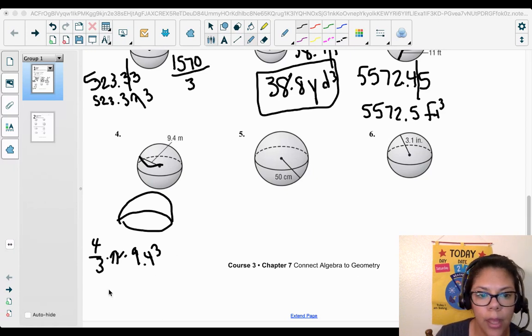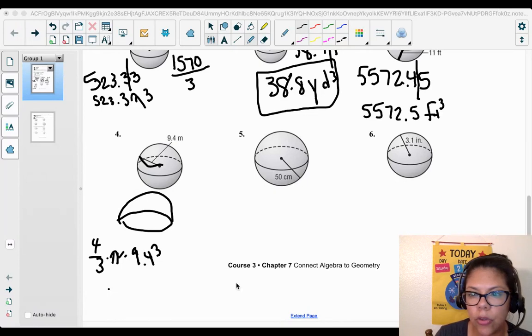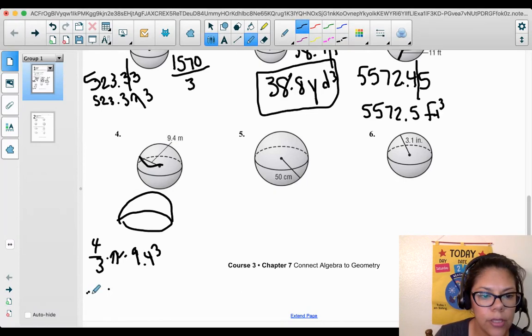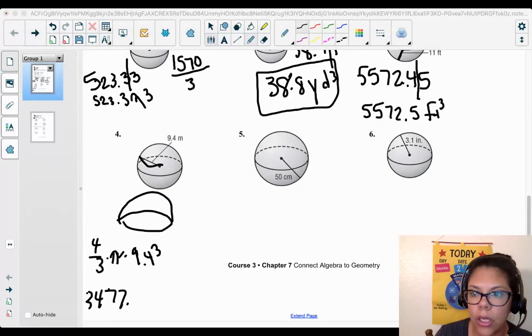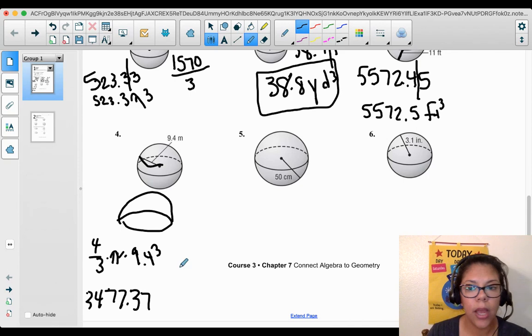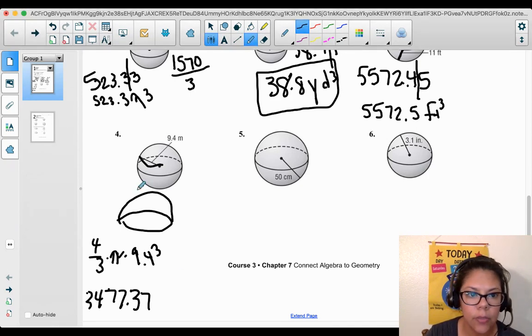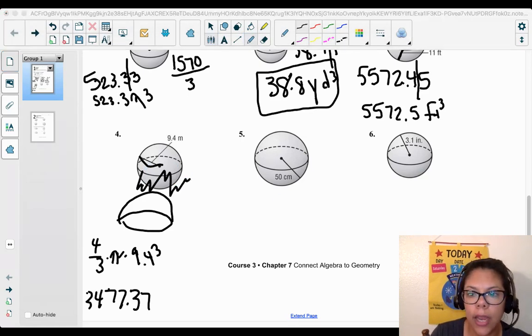Okay, so my entire answer is 3,477.37. But we still have to divide by 2 because remember we're pretending like this is half, like this bottom part doesn't exist. So our entire answer divided by 2.